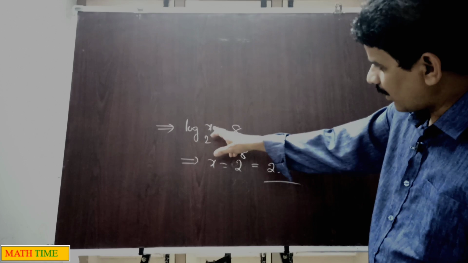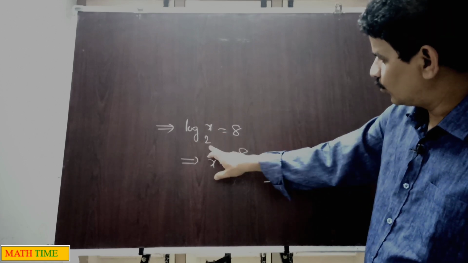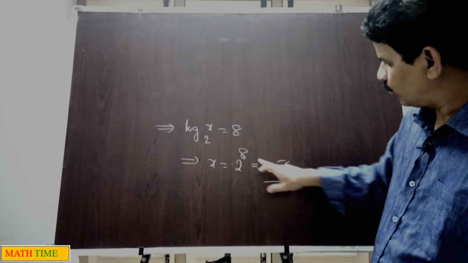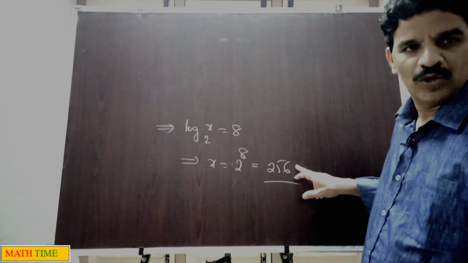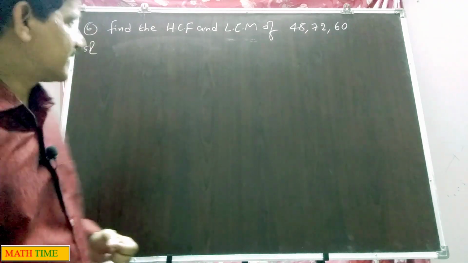So log x to the base 2 equals 8, which implies x equals 2 power 8, which is 256. 256 is the right answer.